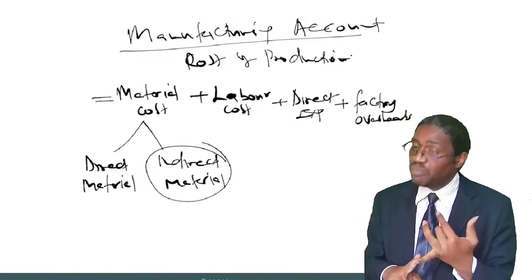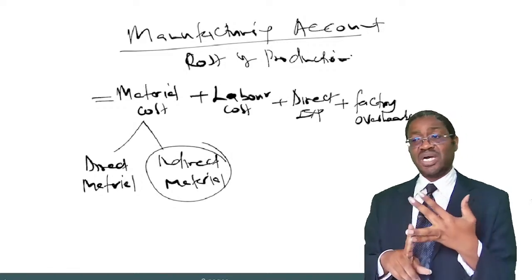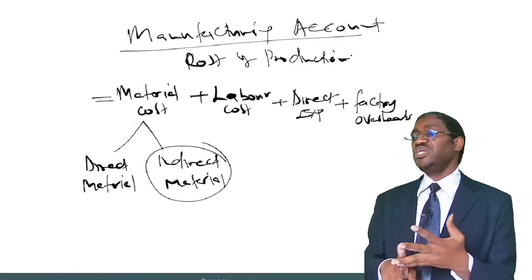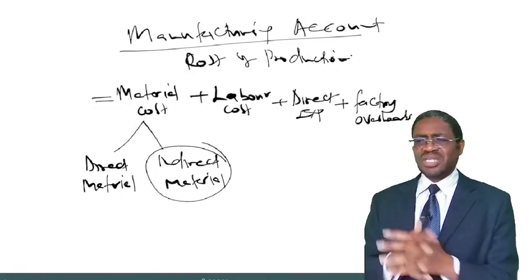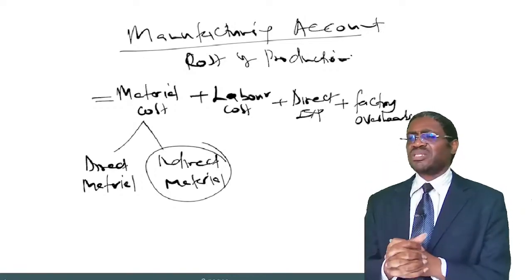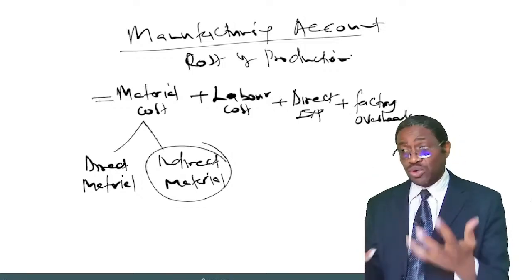I've given an example, like you need a hammer, you need maybe a chisel, you need maybe a saw to cut the timber. These are materials you need, but they cannot be identified in the final product.